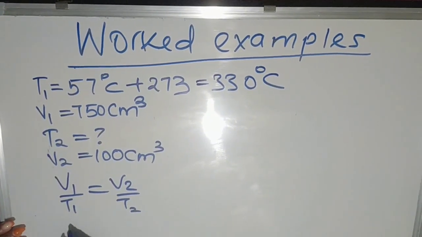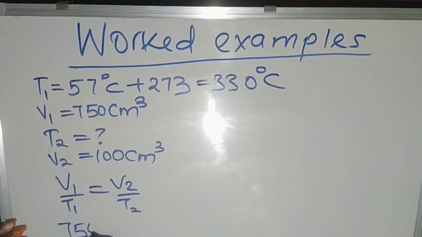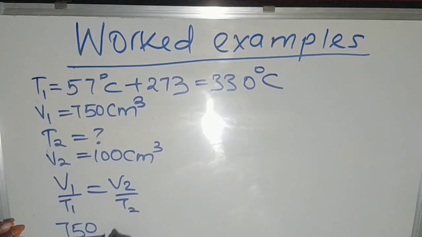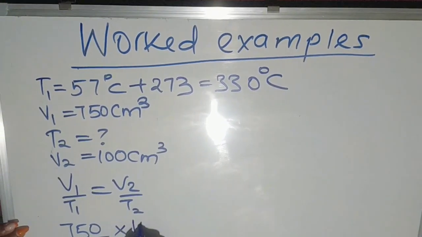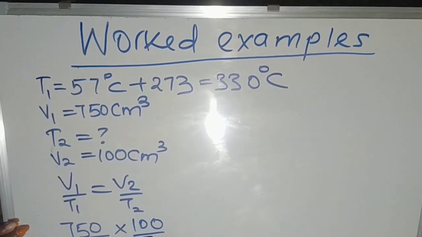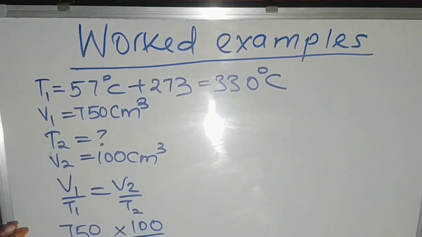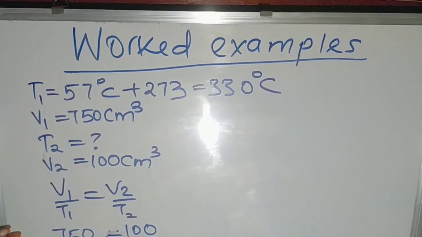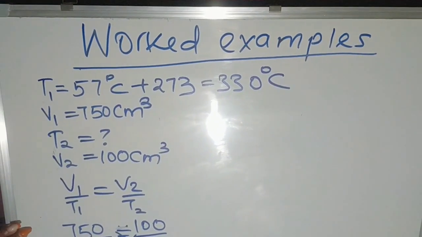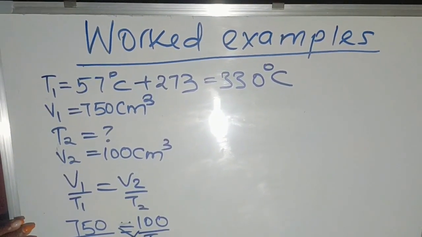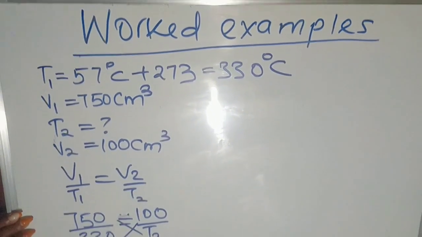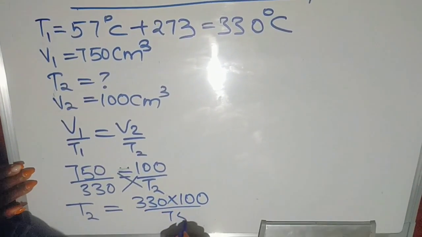So V1 is 750 over T1, which is 330, equal to V2, which is 100, over T2, which we are looking for. So we cross multiply such that T2 will be equal to 330 multiplied by 100, all over 750.